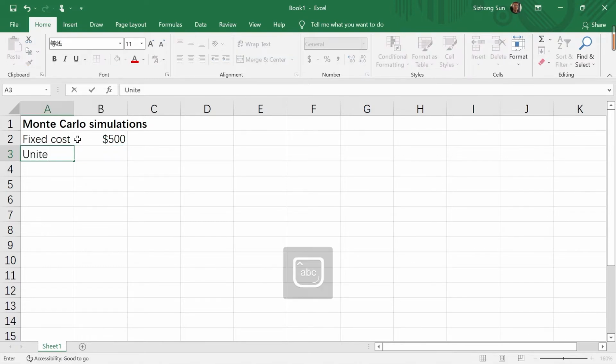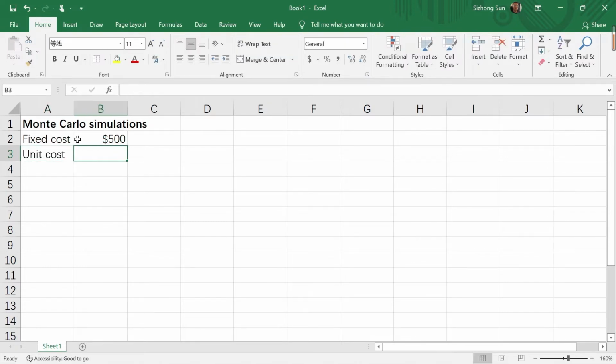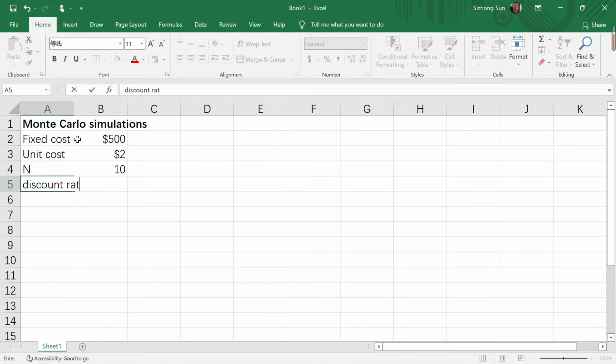Unit cost of $2 per unit. And suppose we know this for sure, so there's no uncertainty. The length of the project is 10 years. Discount rate is 10%.